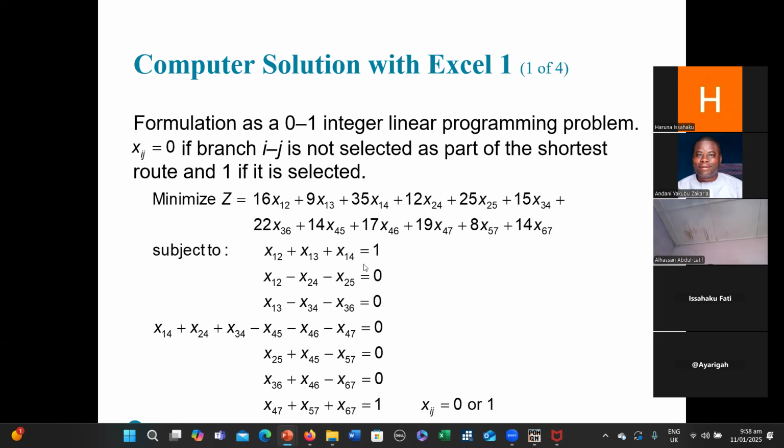So the first one is positive because we are moving from 1 to 2, from 1 to 3, and from 1 to 4. So what goes from the origin to the destination nodes becomes positive. That's a flow into it. Then a flow out of the destinations are the negatives that you see. So we say that what flows in must be equal to what flows out. Okay.